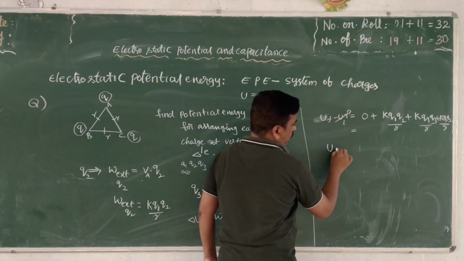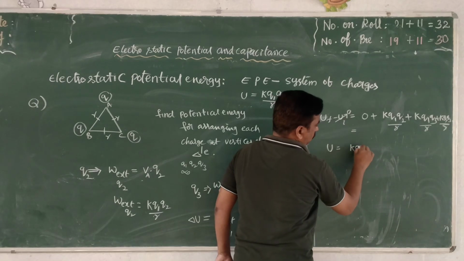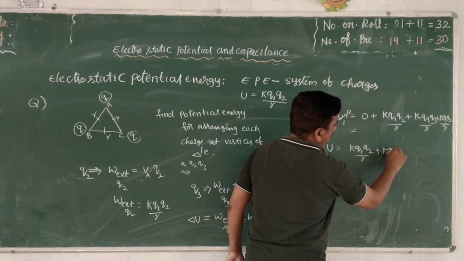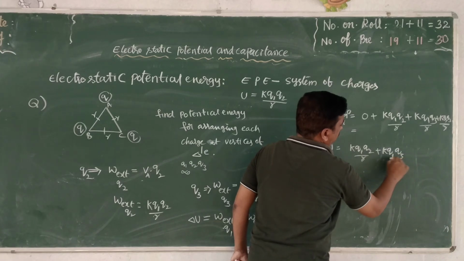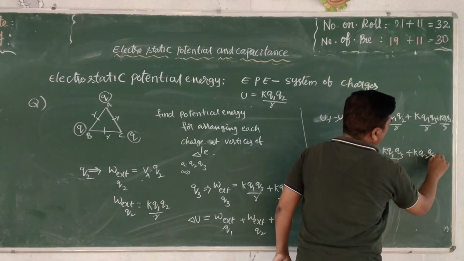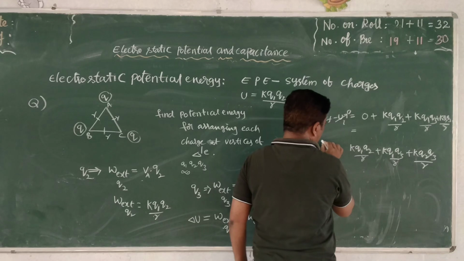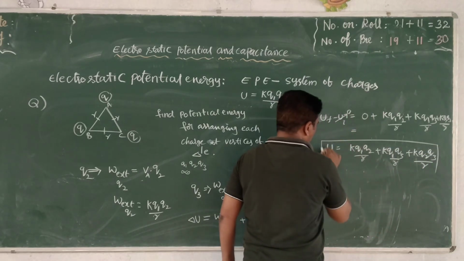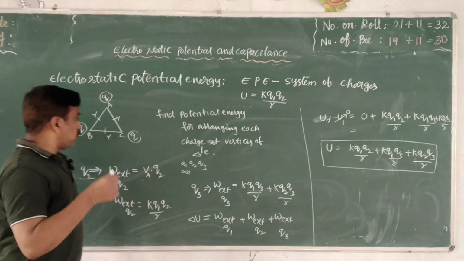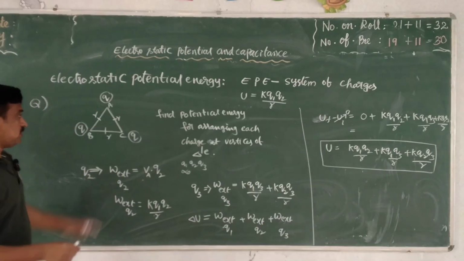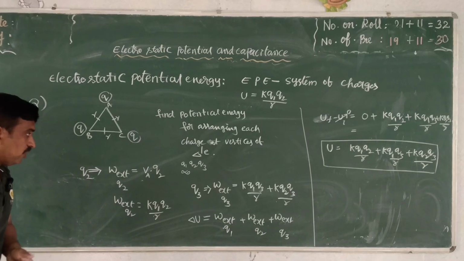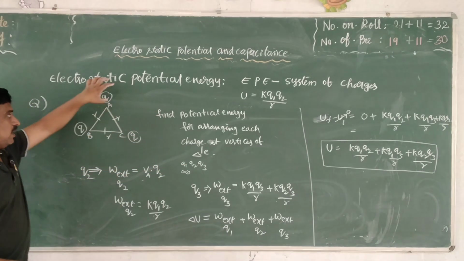So U equals k q1 q2 by R plus k q1 q3 by R plus k q2 q3 by R. This is the formula for the electric potential energy for arranging q1, q2, q3 charges at the vertices of an equilateral triangle. See what we can do now. First, the q1 charge we can arrange here.